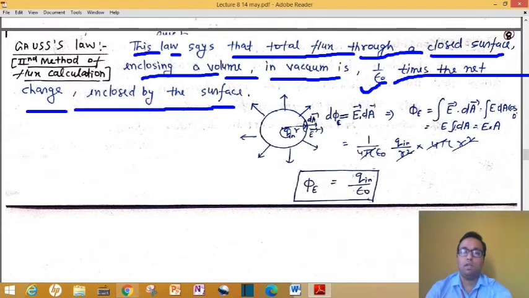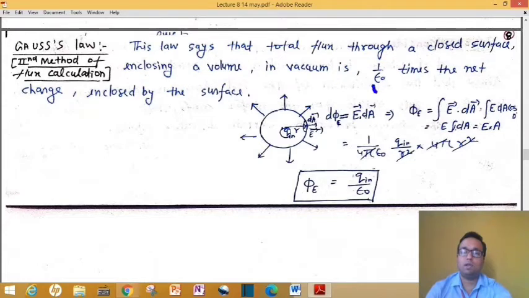If instead of vacuum you have some other material, you have to replace epsilon naught with epsilon r, or divide by the dielectric constant. We will talk about that in detail. I have skipped this topic for a reason. I will explain what epsilon r and the dielectric constant are, which is related to the capacitor, so we will talk about it in that chapter.